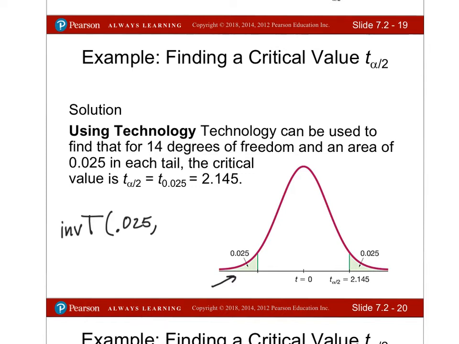In other words, we're giving it an area, and it's giving us the t-score. So, comma, degrees of freedom was 14 in this case, and that should spit out a negative 2.14478, and so on, but we round it off. And so that's where we get our negative 2.145. Of course, that left one is going to be negative, and that right one is going to be positive.